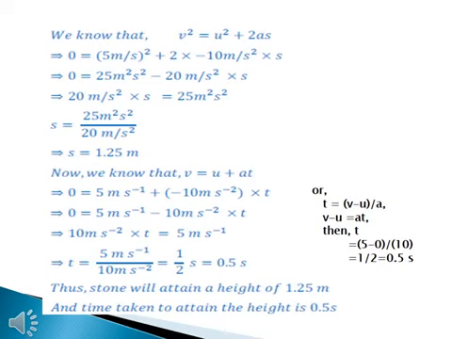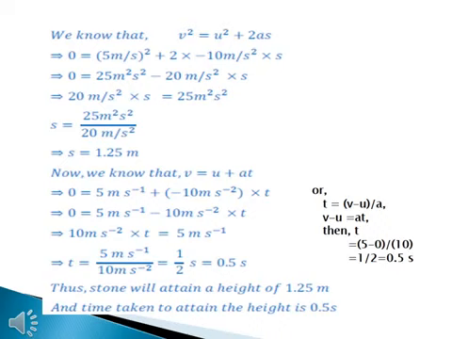Substituting these values of v, u and a, we get 0 is equal to 5 meter per second whole square plus 2 into minus 10 meter per second square into s. Separately taking s, we get s is equal to 25 meter square per second square divided by 20 meter per second square, which is equal to 1.25 meter.